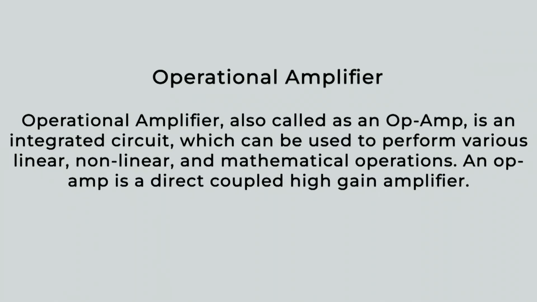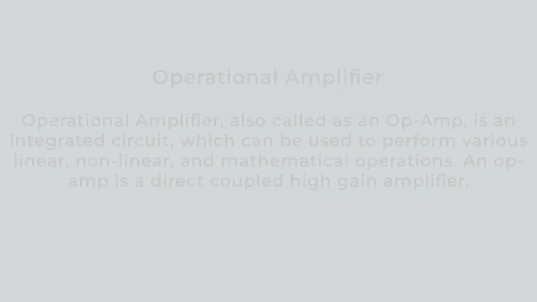The operational amplifier, also called an op-amp, is an integrated circuit which can be used to perform various linear, nonlinear and mathematical operations, and an op-amp is a direct coupled high gain differential amplifier.